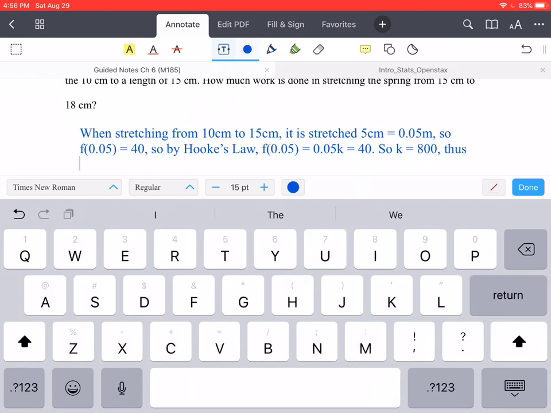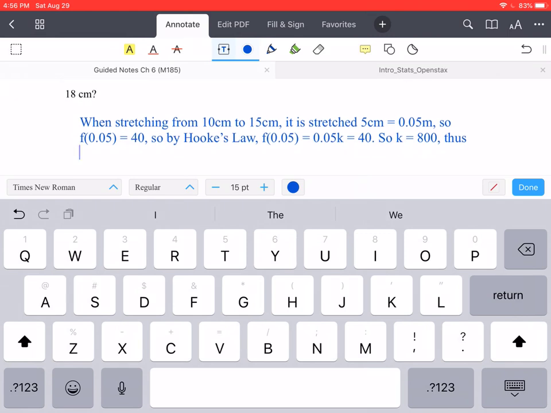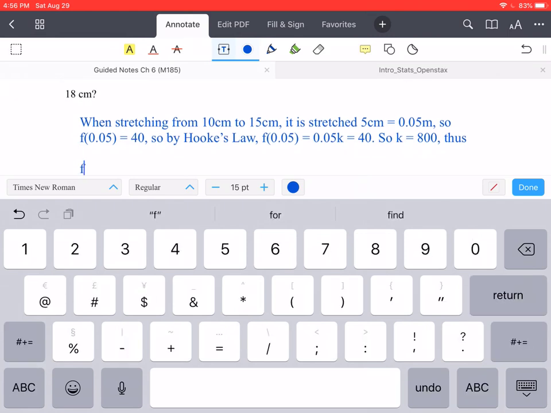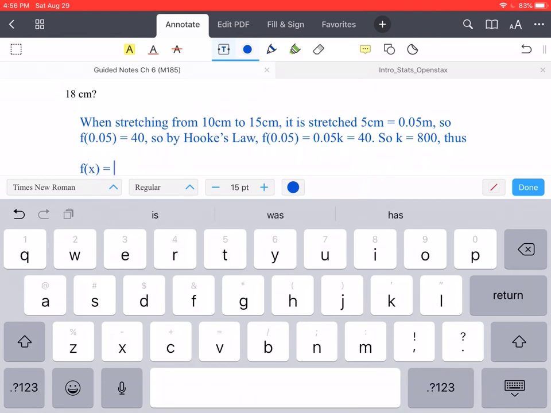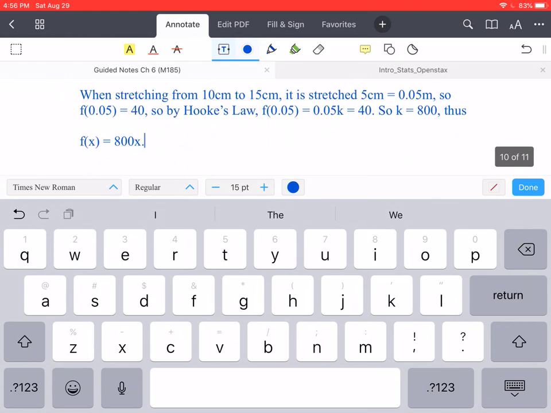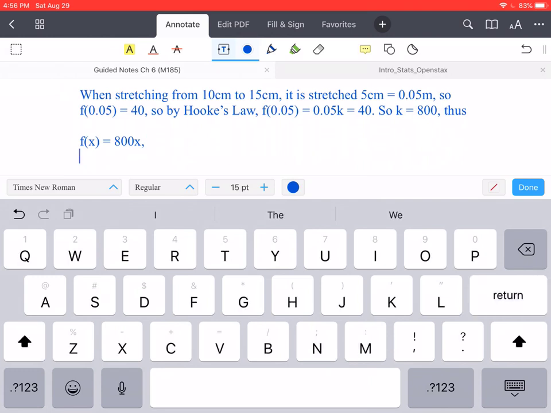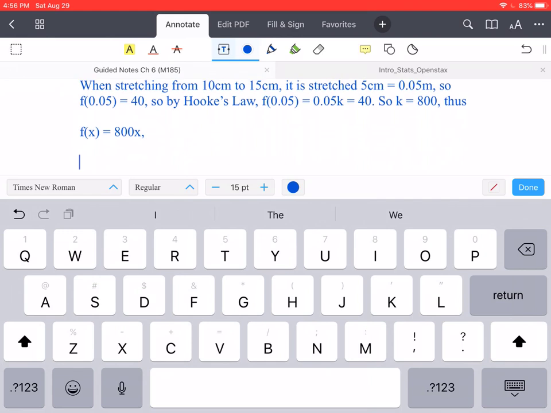Thus, if k is 800, the general formula for the force, F of x, is 800x. That's going to be very useful to us, because now I can determine the force for any distance.